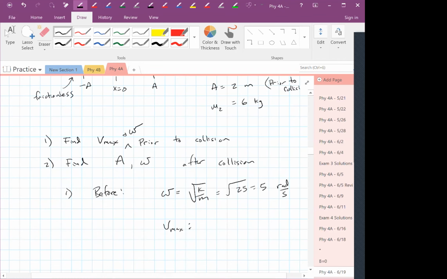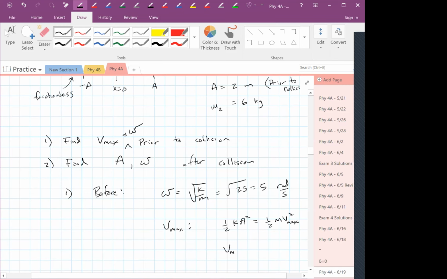Using omega A. How do we get that? From energy, right? From energy. So 1/2 K A squared has to equal 1/2 m Vmax squared.